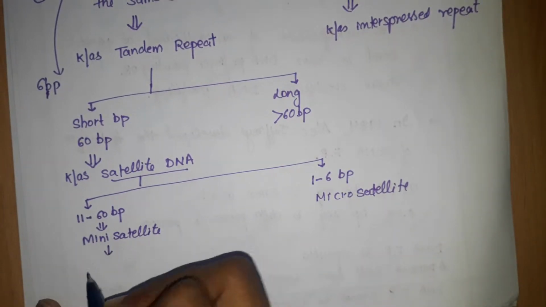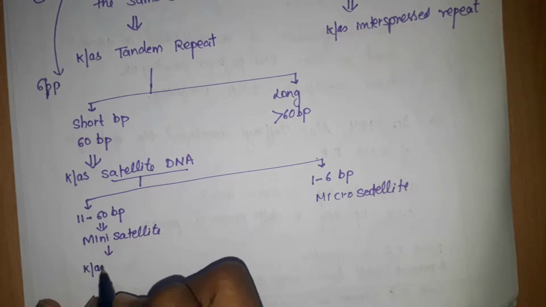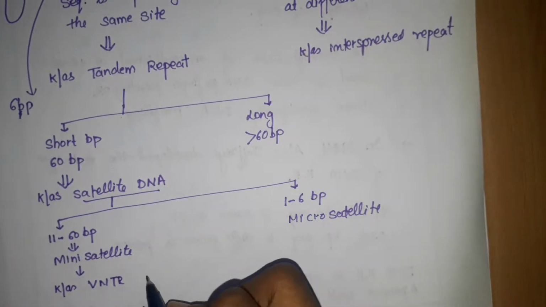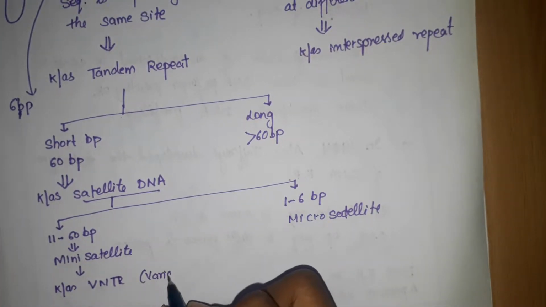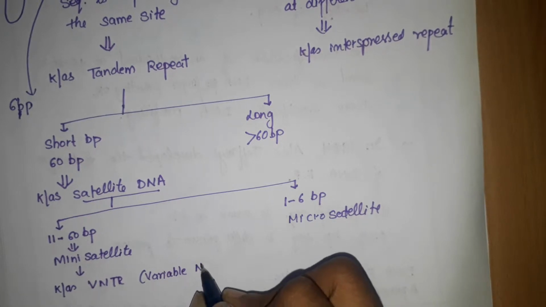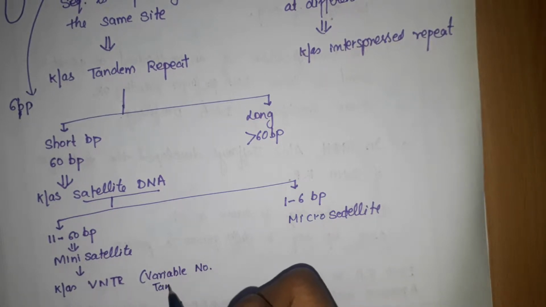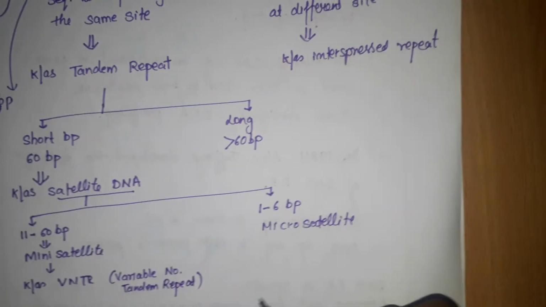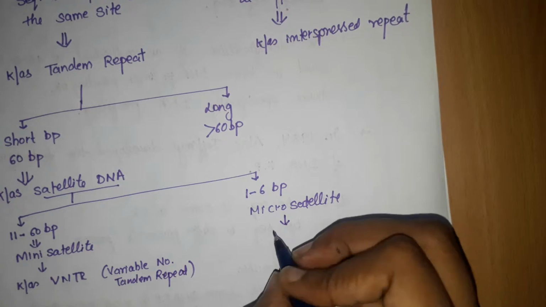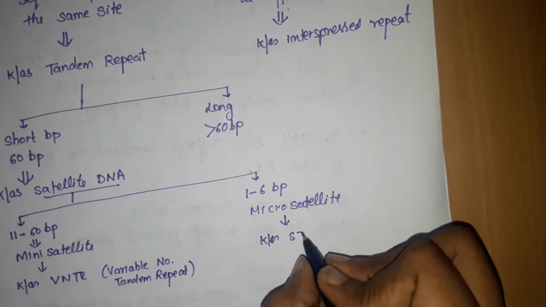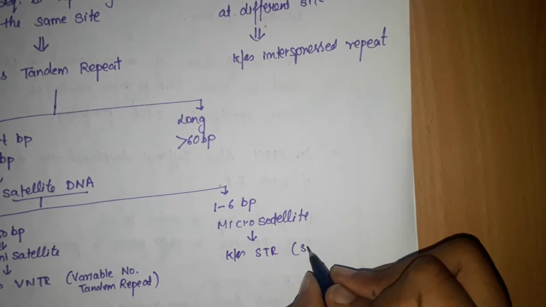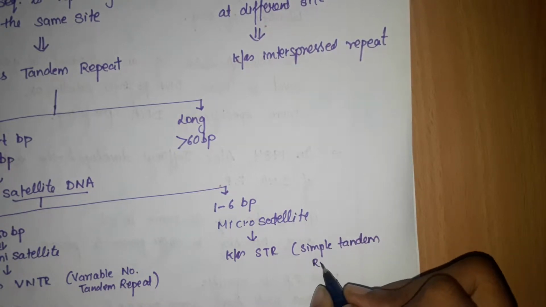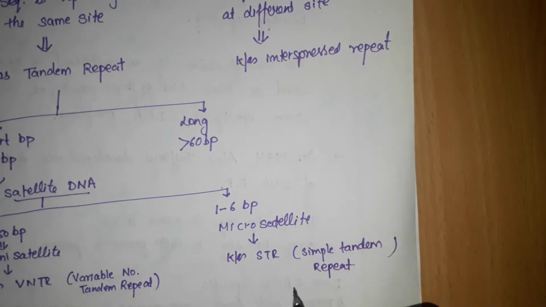This minisatellite is also known as VNTR, which is variable number tandem repeat. Microsatellite is also known as STR. It stands for simple tandem repeat.